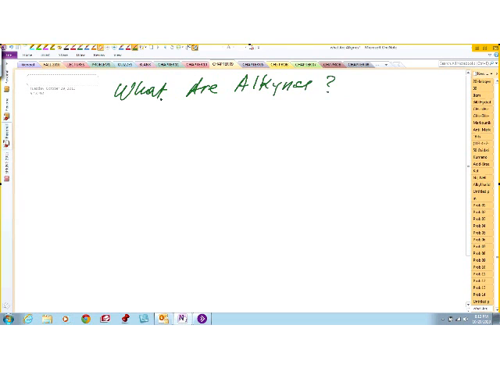We say alkynes are those organic molecules that contain the carbon-carbon triple bond, and the simplest alkyne is this molecule here, which we call acetylene. As you can see in this molecule, you have this carbon-carbon triple bond.